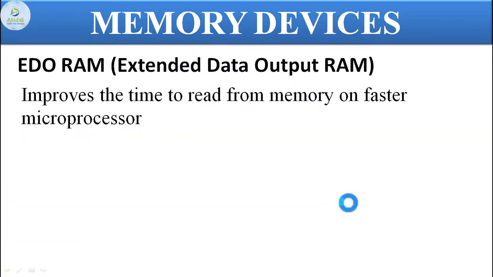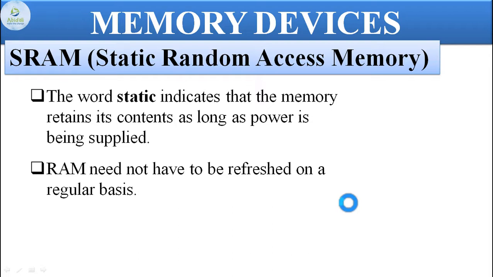Now talking about EDO RAM, that is extended data output RAM, this improves the reading and writing operation from the memory in a faster way, hence improving the CPU, that is the microprocessor. Then we have static memory.